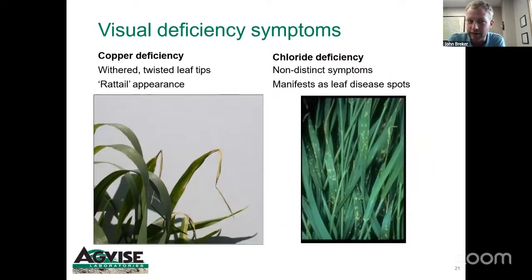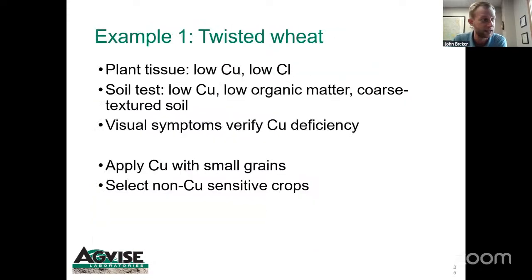If it was a chloride deficiency, the leaf symptoms tend to be a little more non-distinct and often look more like a worsened leaf disease. So in this case, the plant samples and soil samples, letting us know what's in the plant and in the soil, along with the photographs, helped us confirm that it actually was a copper deficiency.